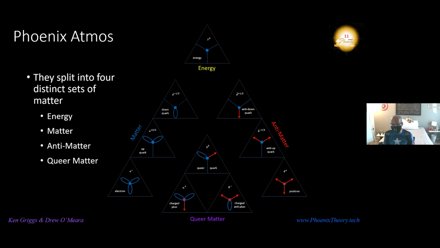However, in this conceptualization, we have a 4th type, and we call it queer matter because I happen to be gay. But it's also because this type of matter is almost a hybrid between matter, antimatter, and energy. This hybrid type of matter, this queer matter, has some very important properties in particle physics. In fact, one of the most important properties is that it constitutes the weak nuclear force, that trilogy in the bottom.